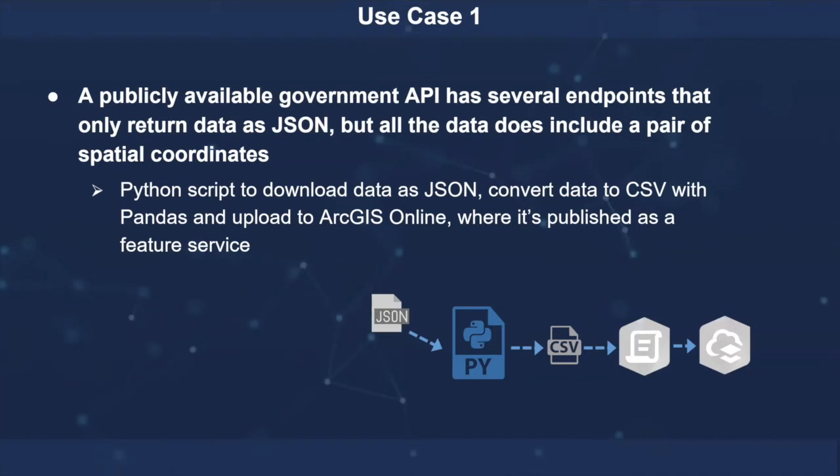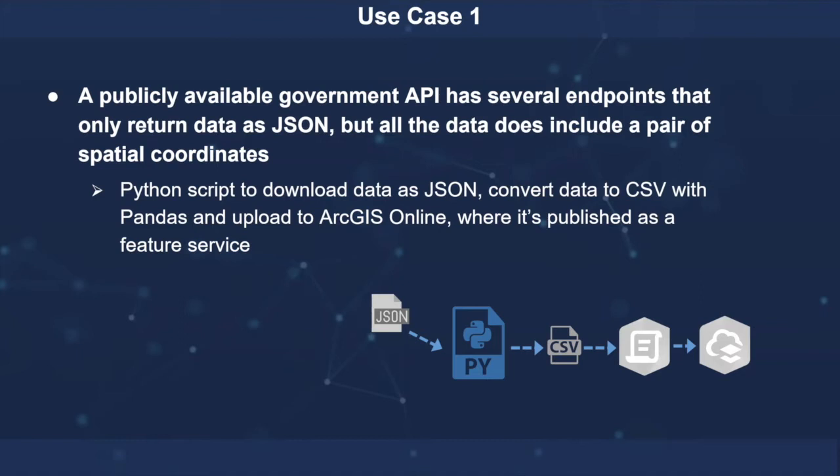So they go and they release an API. It's JSON. It's programmatic. It's structured. It's got latitude and longitude attached to it, but it's not in an Esri REST format. It's not in WFS. It's just JSON.